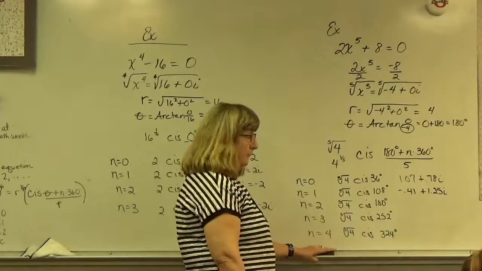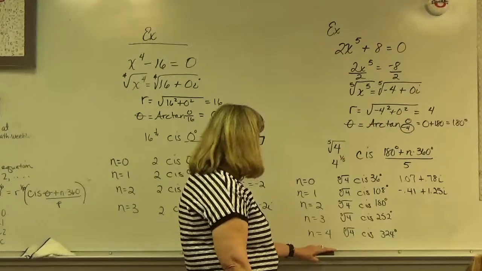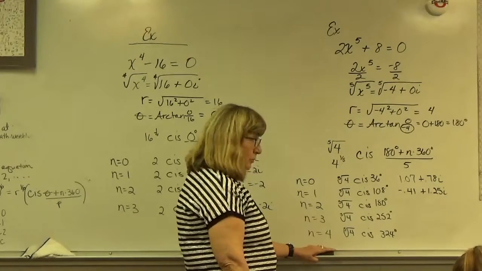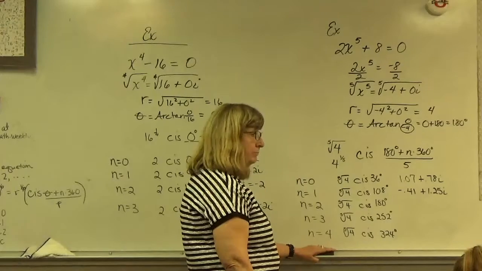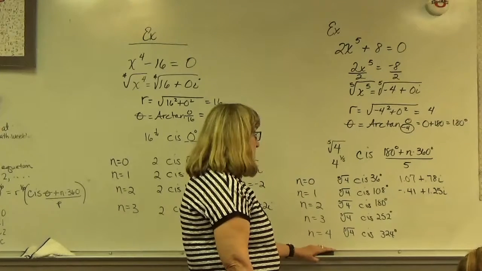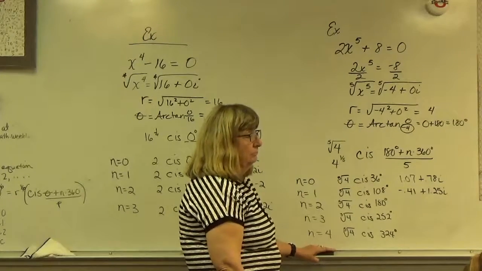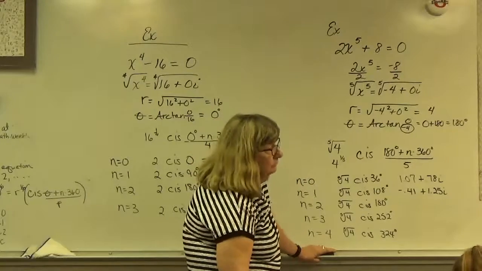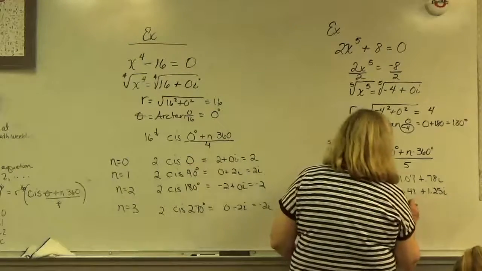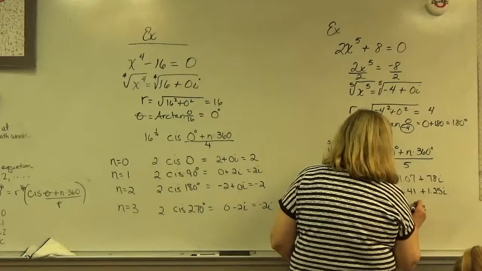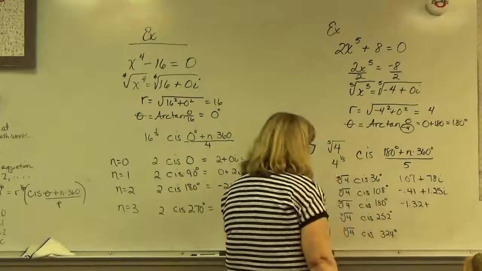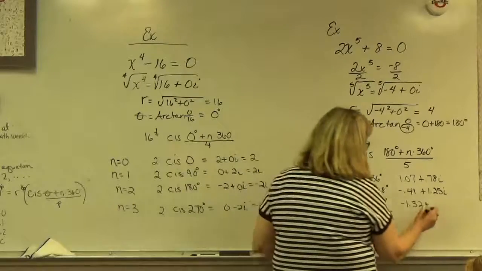Okay. 5th root of 4 times the cosine of 180. I got negative 1.32. And 5th root of 4 times the sine of 180, I know that one's 0.